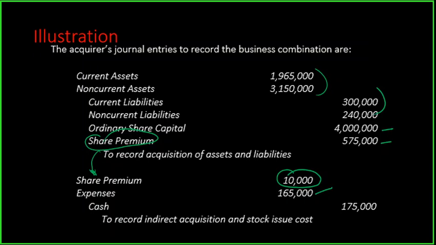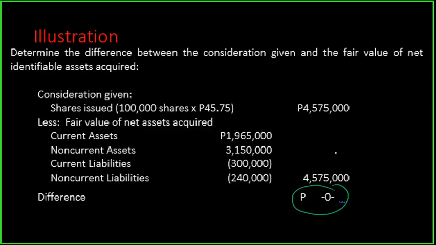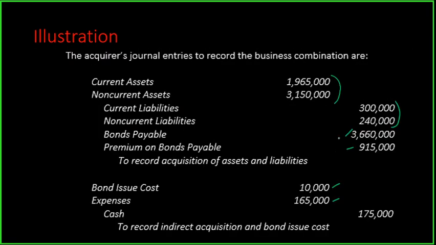Okay, so let's try to summarize. At the date of acquisition, your net assets acquired will always be recorded at their fair market value. If the acquisition is through cash, you credit cash. Through liabilities, you credit the liabilities. Through equity, you credit the equity. Any difference will go to your share premium or, in our other example, premiums on bonds payable.